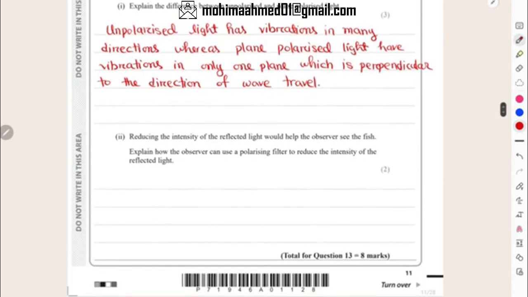Okay, so this is the sample answer for the difference between polarized and unpolarized light.